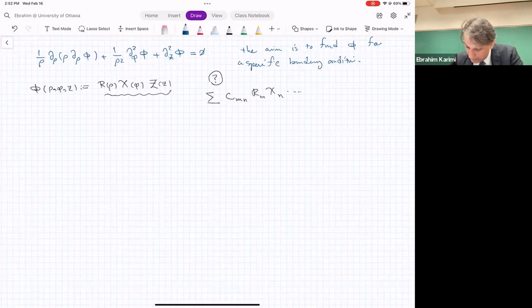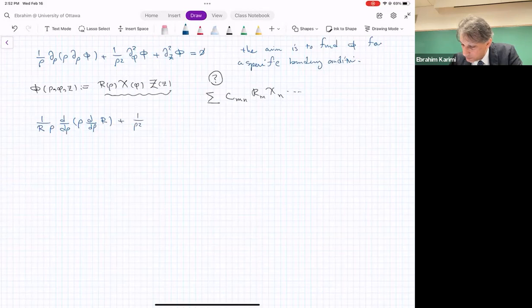So simply it will be 1 divided by R times the derivative with respect to rho of rho times the derivative of R, plus 1 divided by rho square times chi second derivative with respect to phi of chi, plus 1 divided by Z times the second derivative of Z with respect to z, equal to 0.